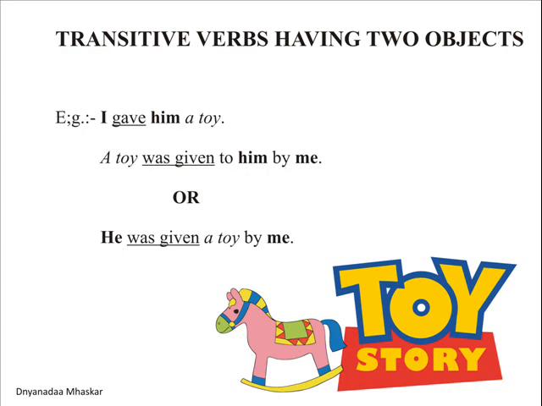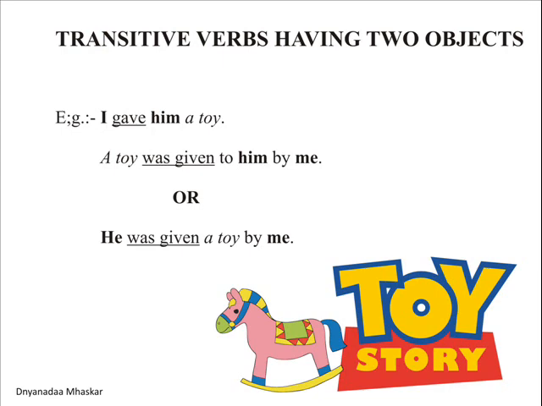Now "him" is the indirect object, "a toy" is the direct object. There are two ways we can change this sentence into passive voice. First one, a toy was given to him by me, or he was given a toy by me. So you can interchange the sentence in this manner if there are two objects.